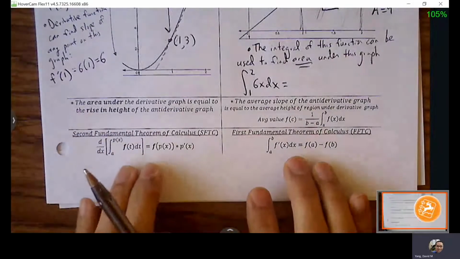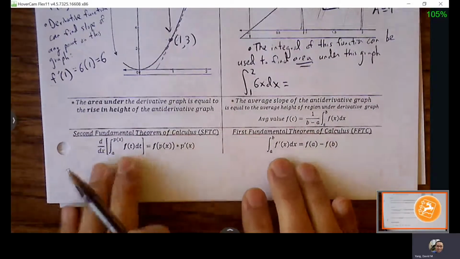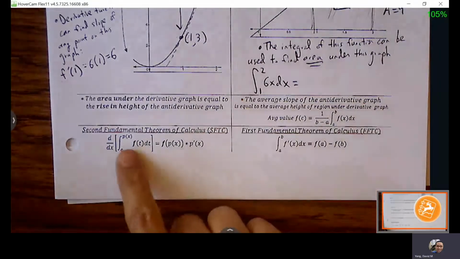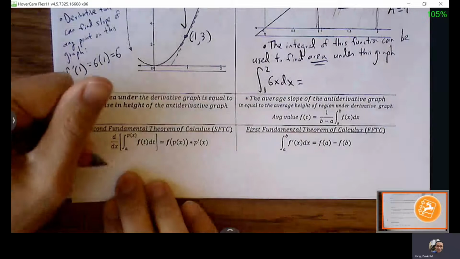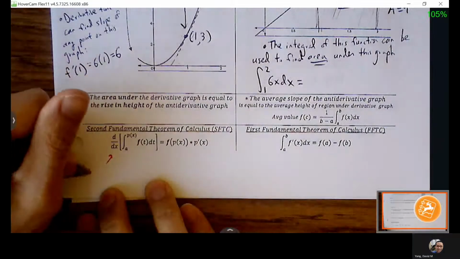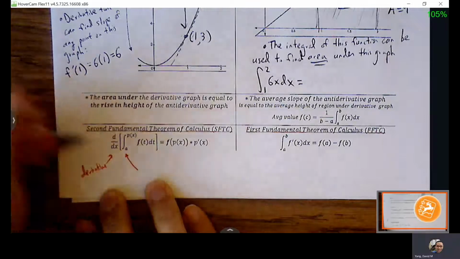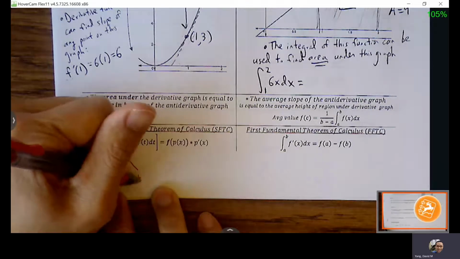So we have the first and second theorem. We'll talk about this in a lot more detail, but right now I just want to point out a few things here. The d over dx here represents the derivative. The integral notation represents the antiderivative.